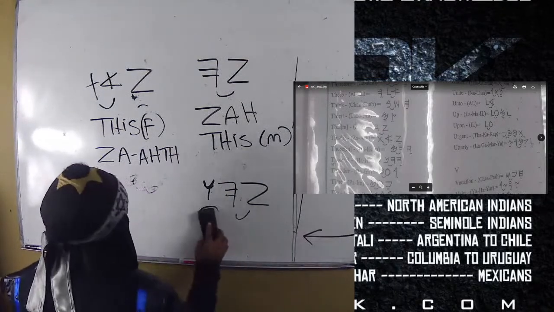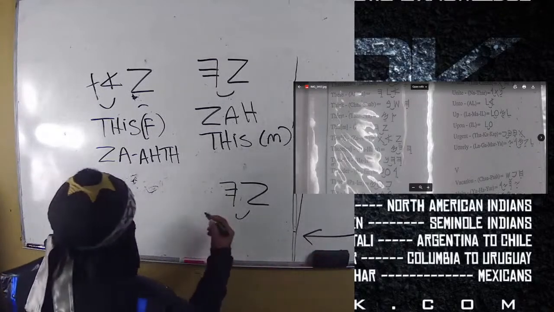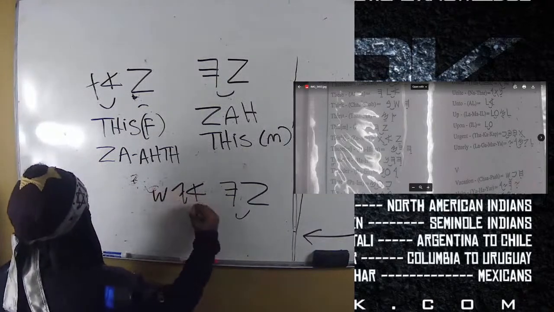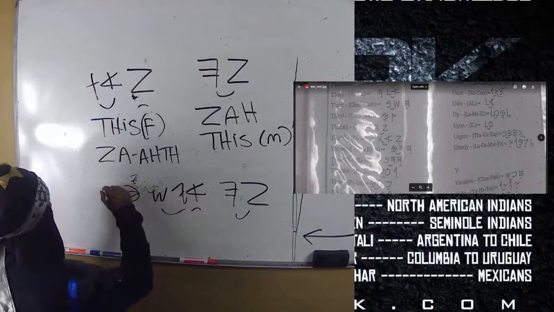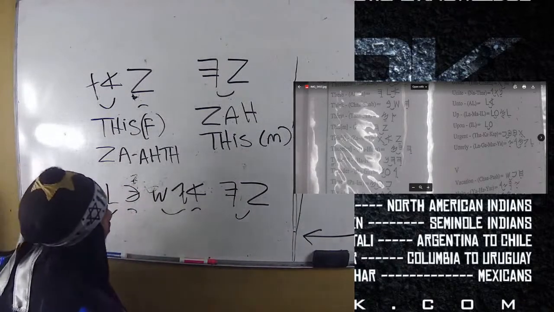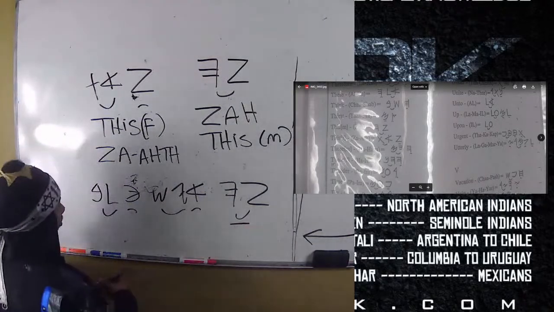Oh, we'll stick with the basic. Let's just stick. We won't go all the way there. Let's just use the basic. Za, Ayash, and then Kalab. Right? Za, Ayash, Kalab. This, male dog.